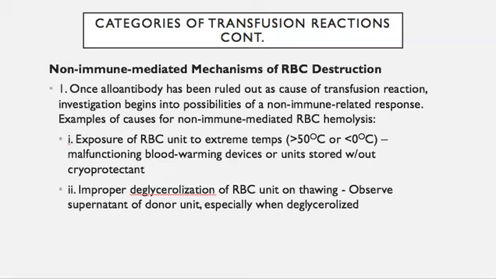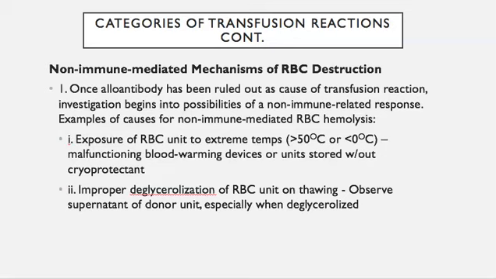Okay, non-immune mediated mechanisms of red cell destruction. So once an alloantibody has been ruled out as the cause of a transfusion reaction, you're going to begin investigation into possibilities of a non-immune related response. So examples of causes for non-immune mediated red cell hemolysis could be exposure of the red cell unit to extreme temperatures.